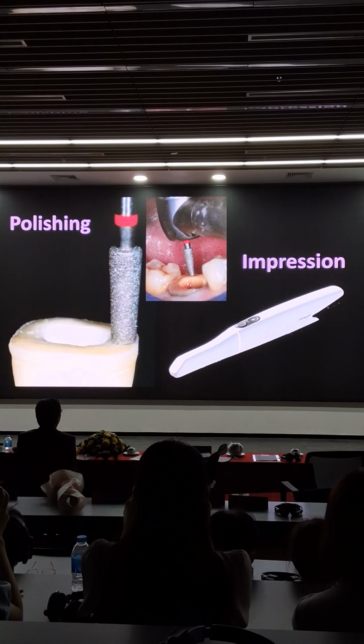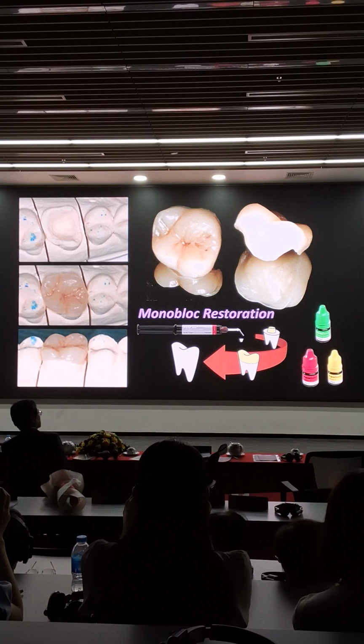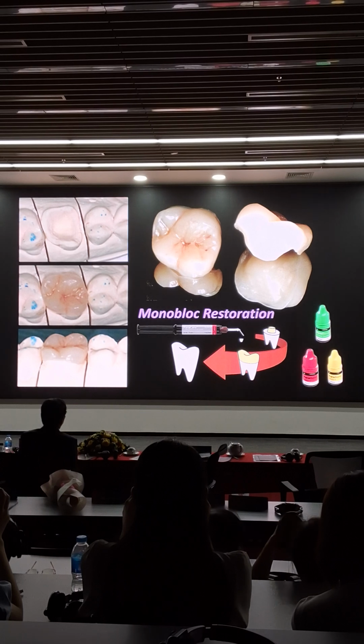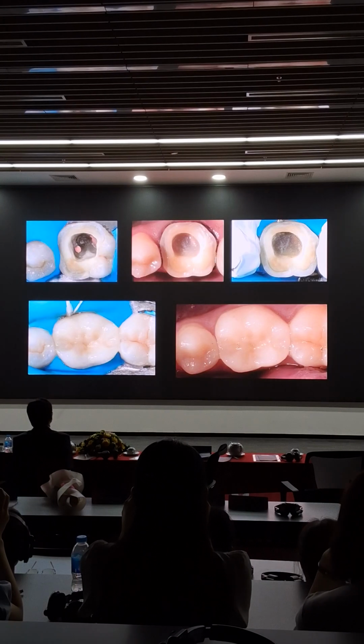And you do traditional impression or digital impression. Okay. And you will do your cementation exactly the same way as you cement your overlay. I put my paracord, I do my preparation, my impression and the cementation.